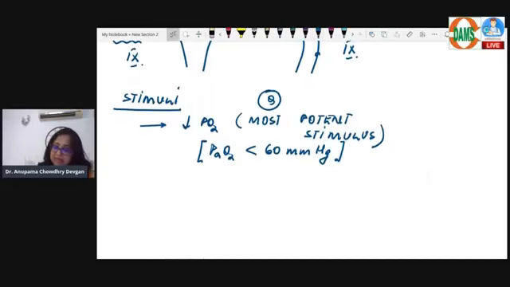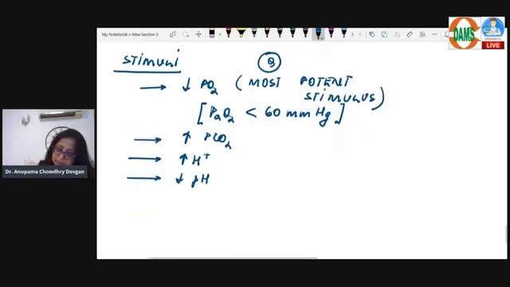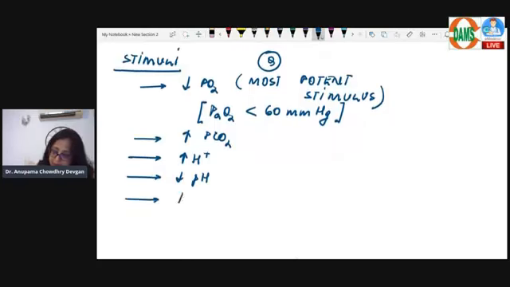So hypoxia is the most potent stimulus. Also, increase in PCO2, increase in H+, decrease in pH, and increase in K+. Increase in K+ occurs in severe exercise.